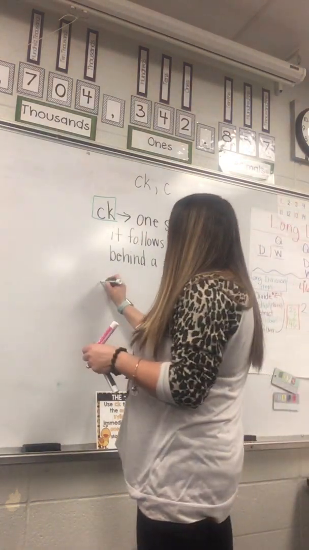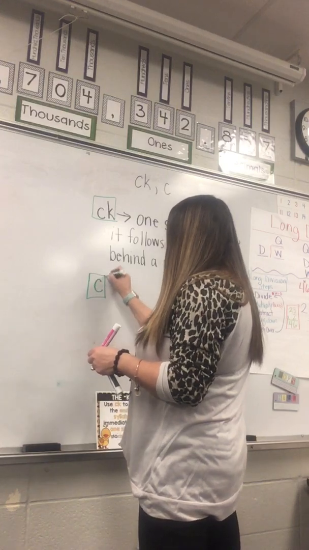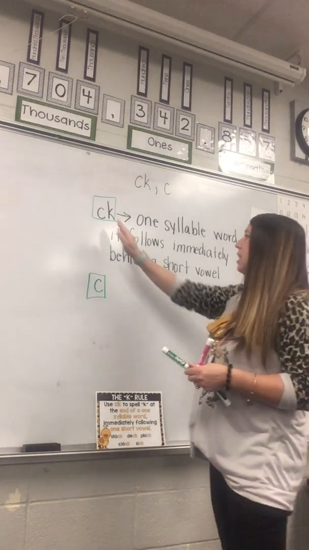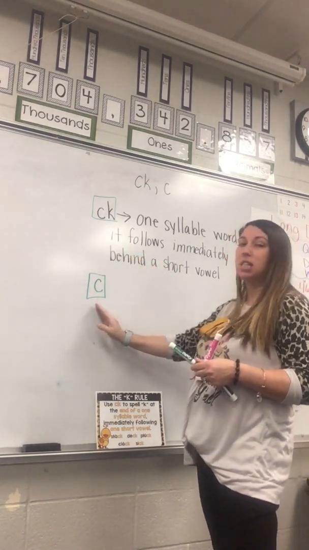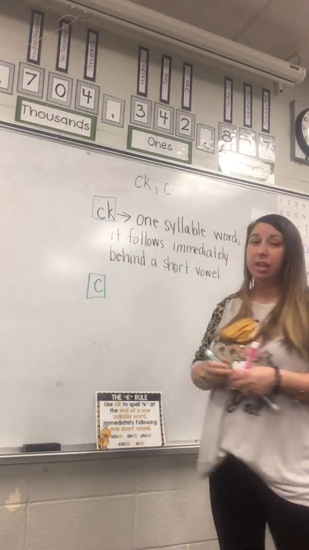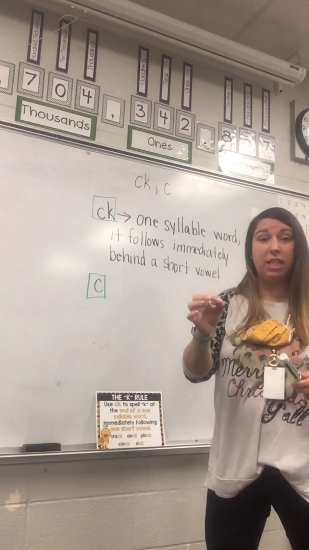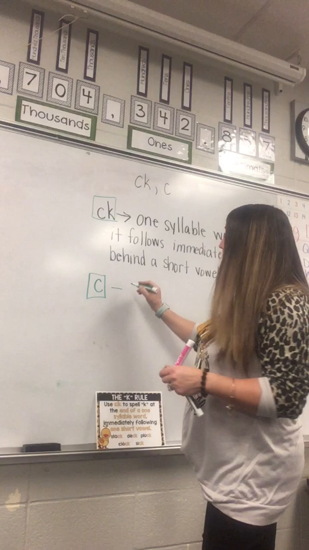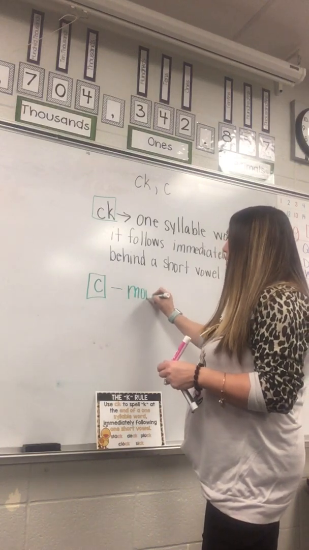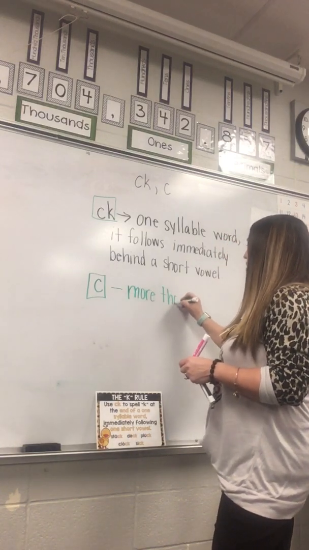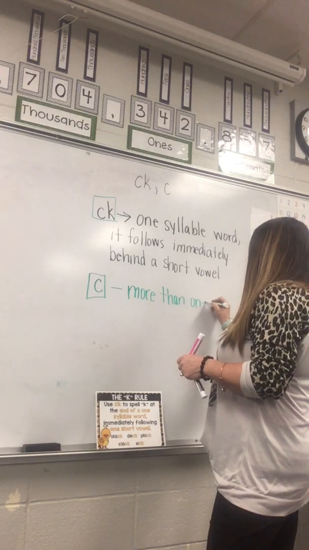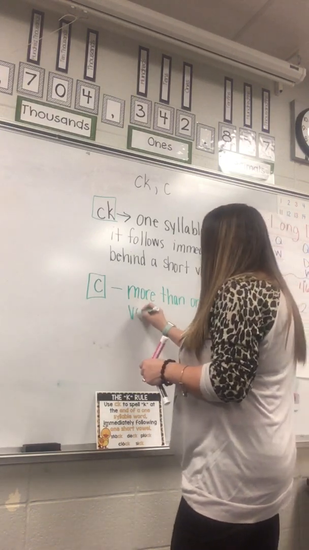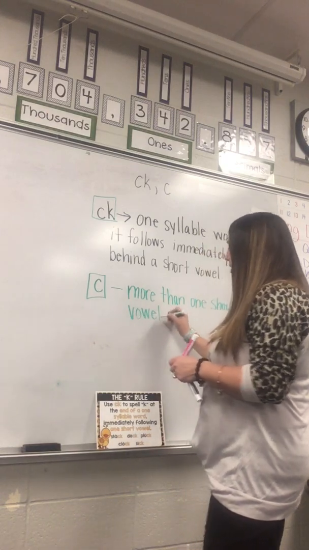The next one is just a C. So CK says k and this C says k. Now this one's a little different. It's still going to have short vowels, but it's going to have more than one short vowel. So can you already see a difference?